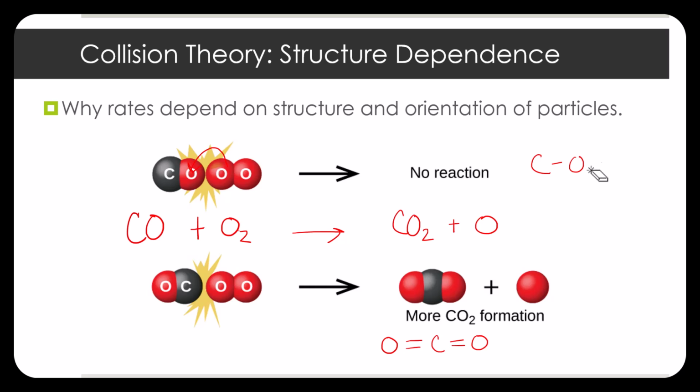So the oxygen from O2 has to collide with the carbon from the carbon monoxide. If that happens with enough energy, this oxygen will create a bond with carbon and break its bond with the other oxygen. So we'd see CO2 formation, and then that other oxygen floats away.